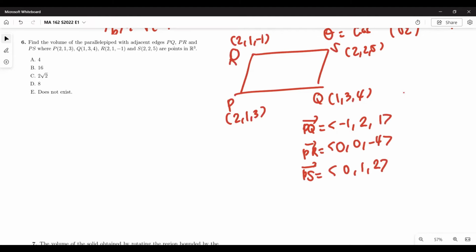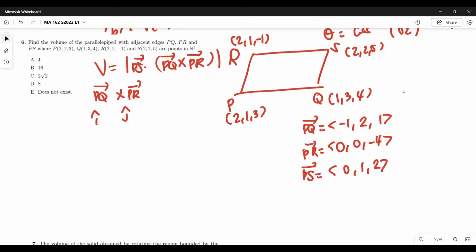So when you want to find the volume of the parallelepiped, you do the cross product of one set of the vectors, and then you take the dot product with the remaining vector. So we are going to do PS dot the cross product of PQ and PR. We're going to do the PQ and PR cross product first. I, J, K, and PQ is -1, 2, 1. PR is 0, 0, -4.